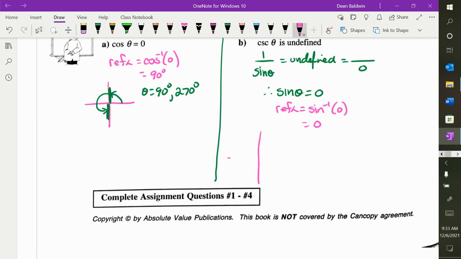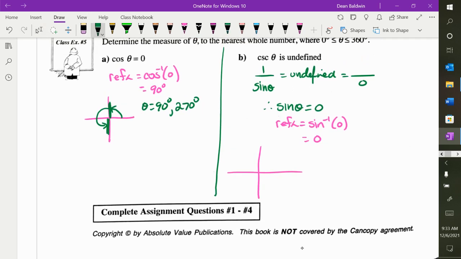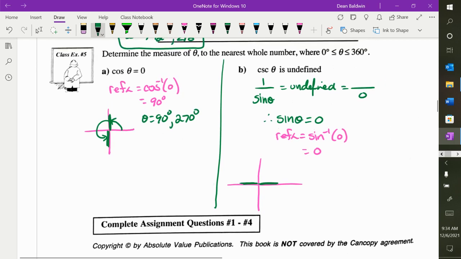Okay. If my reference angle is 0, where am I? So I'm here. Where else? The other side. Here? Okay. Anywhere else? No? So you mean if I went all the way around?